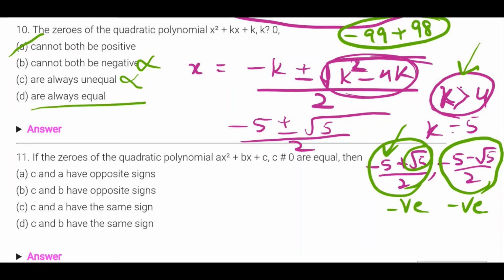Always equal? Only for k equals 4 are the roots equal, but for the rest they are not equal. But in all the cases you're getting negative roots, so they cannot both be positive, because we always get a negative root, at least one.